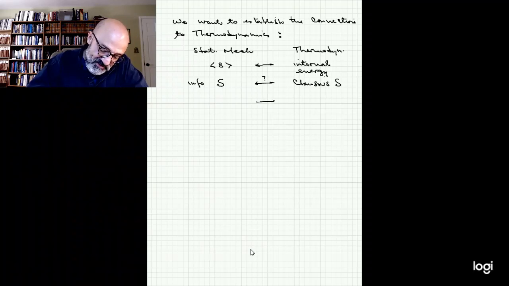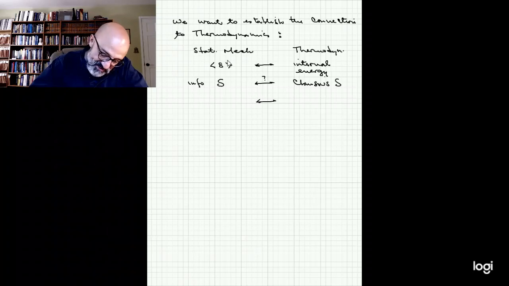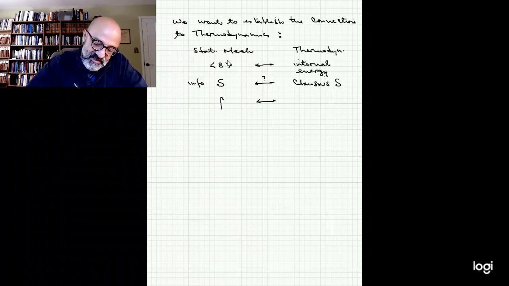We would like to establish the connection between the object that appears when you maximize an entropy imposing constraints, which is the Lagrange multiplier beta, and the object that appears in thermodynamics.